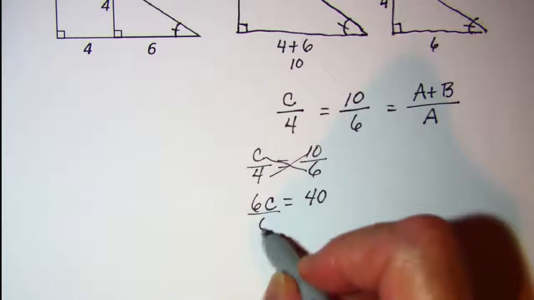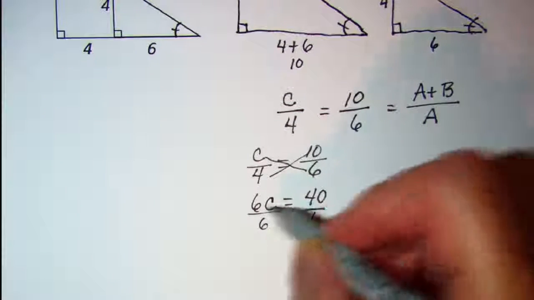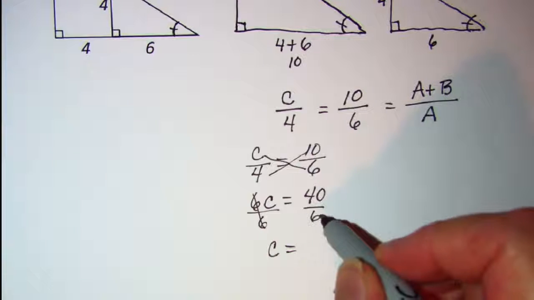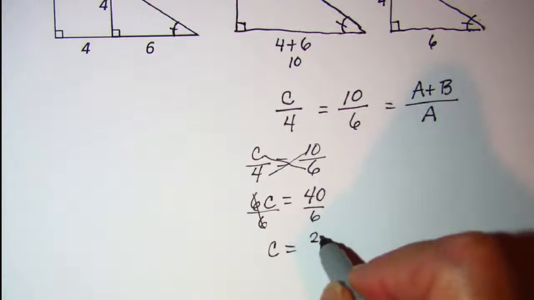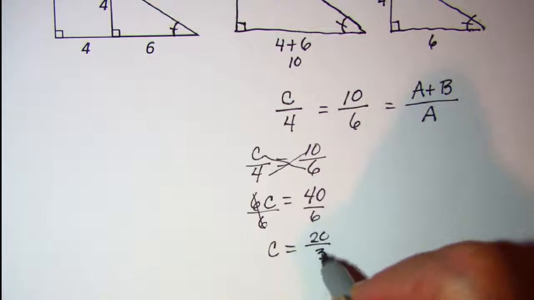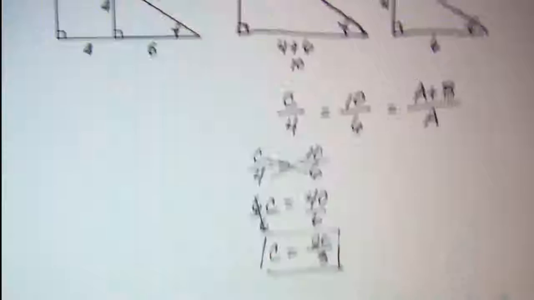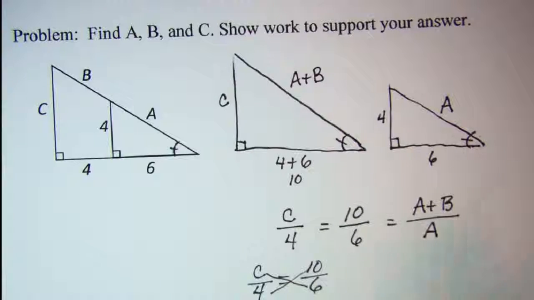Divide both sides by 6, and C is 20 over 3. So I can put that in.